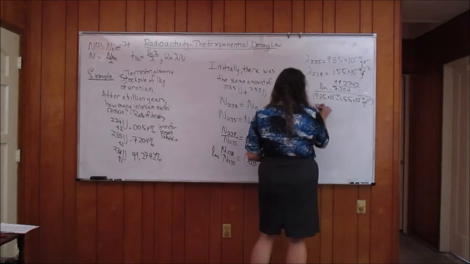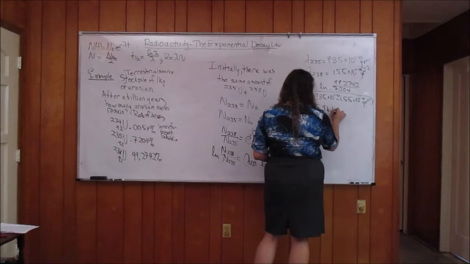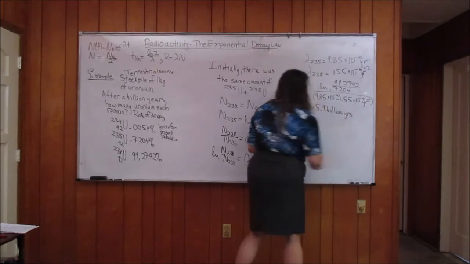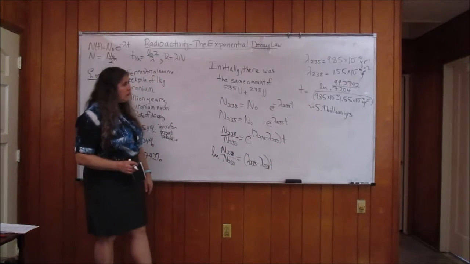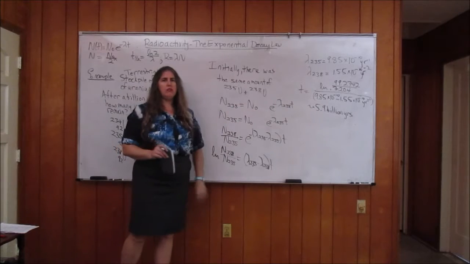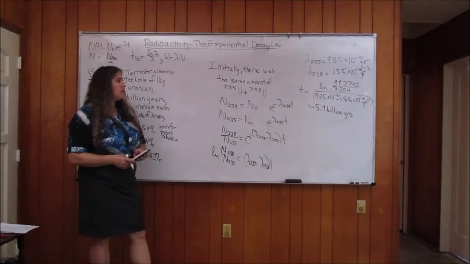That's roughly equal to 5.9 billion years, which tells you when these isotopes were formed, and hence roughly the age of the Earth. So that's 5.9 billion years.